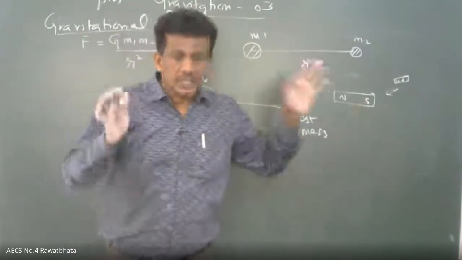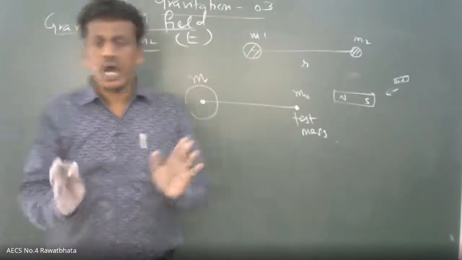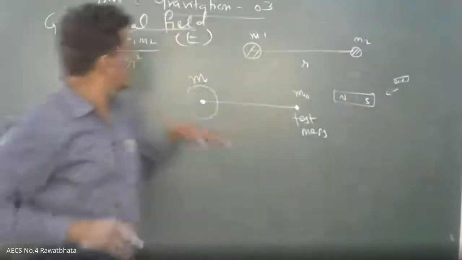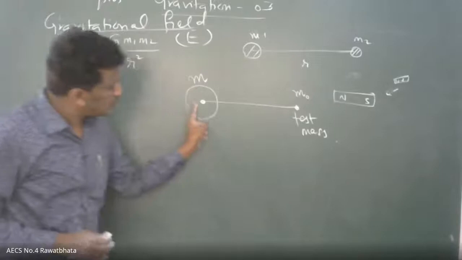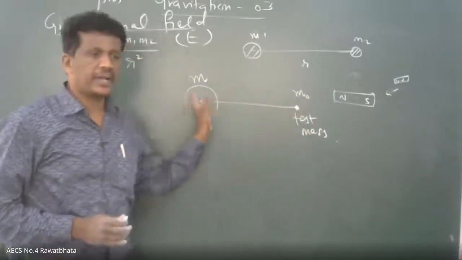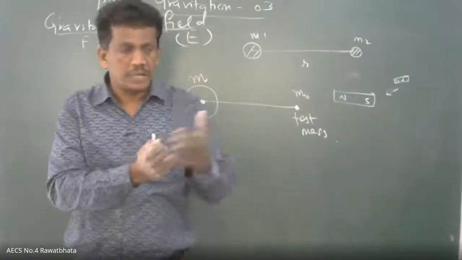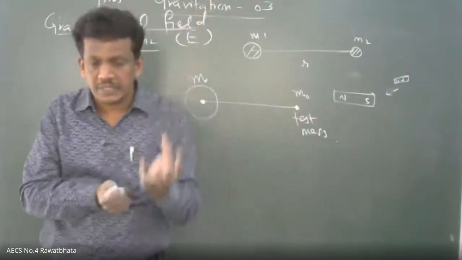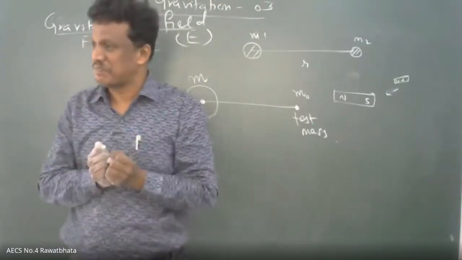Magnetic field. In the same way, if you keep any material, around that material a field is acting. What is that field? Gravitational field. Because of this field, we have some attractive force. We don't have any physical contact, but still we are attracted towards each other. The apple is attracted towards the Earth because of the gravitational field.